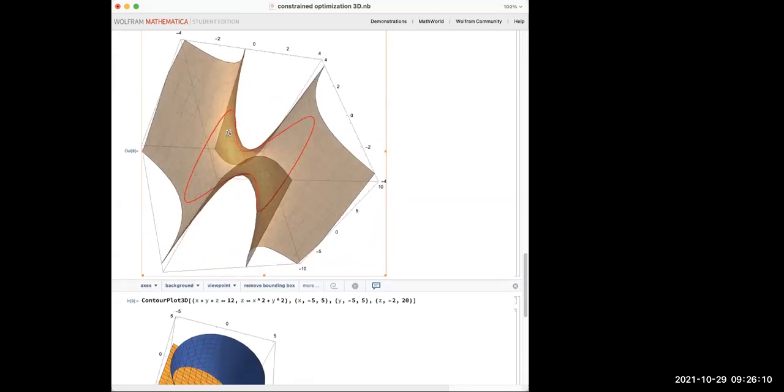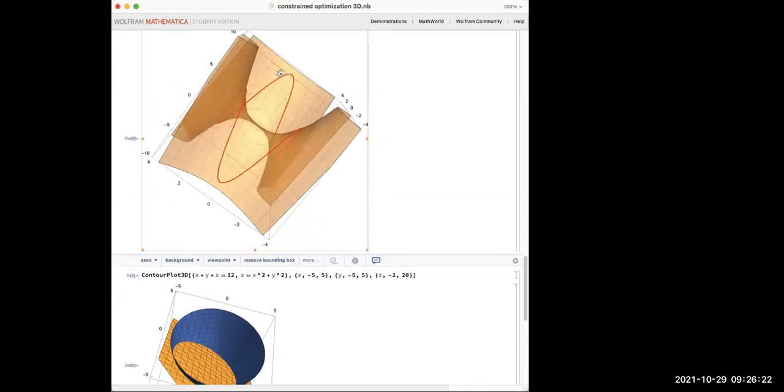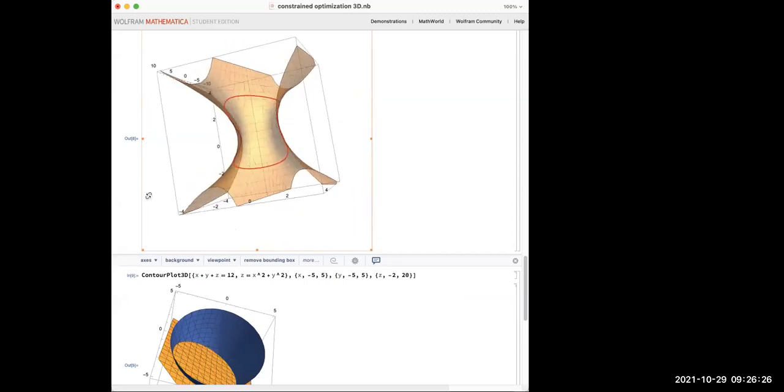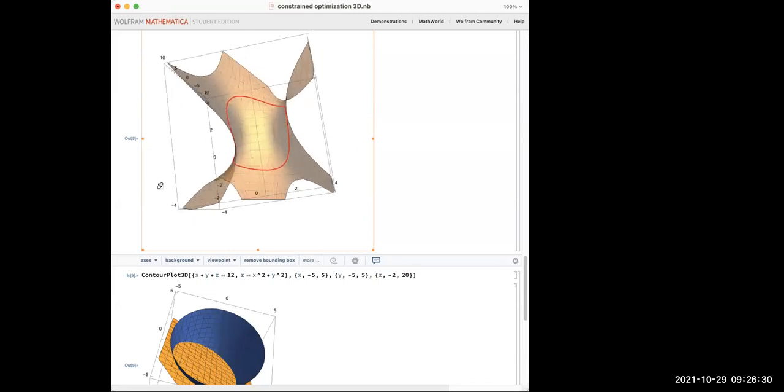You can sort of see those are local minimums, right? It goes up, it's touching a contour and then going back down. But there's actually these two higher points, the highest points here and the lowest points there. And those correspond to plus root 5 comma 0 and minus root 5 comma 0.